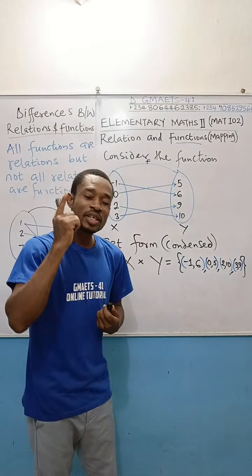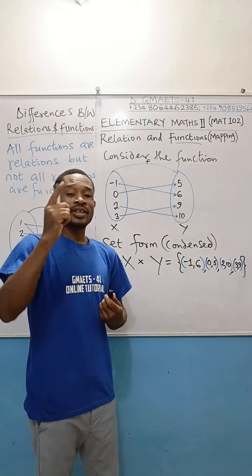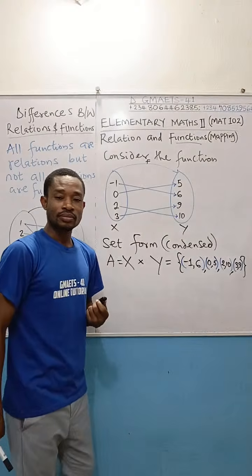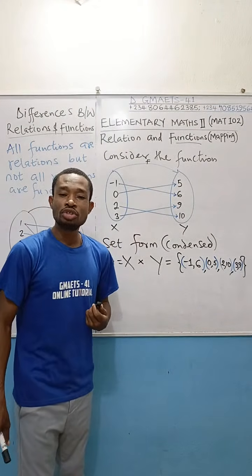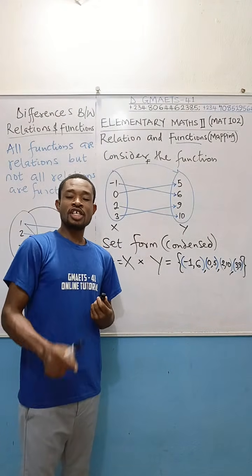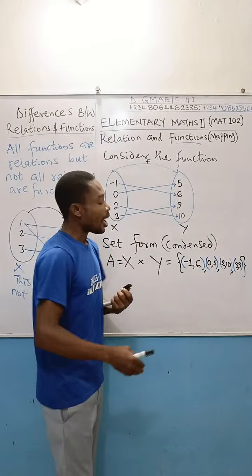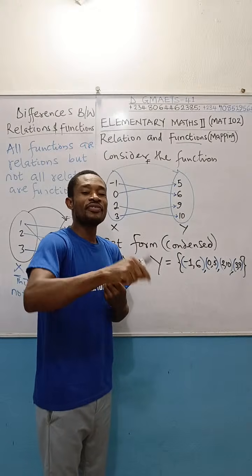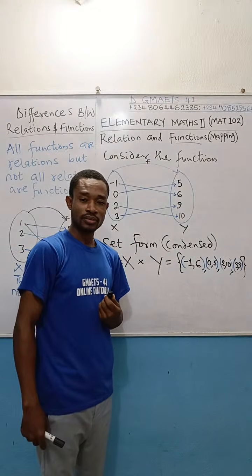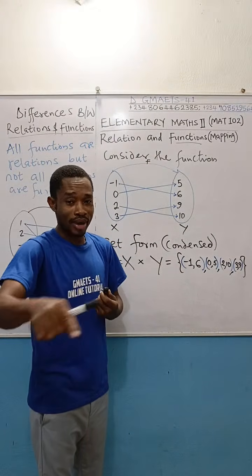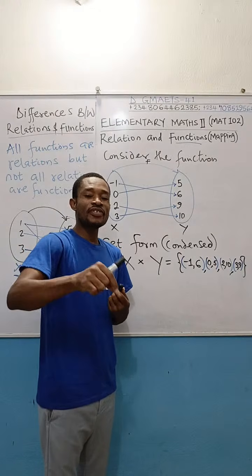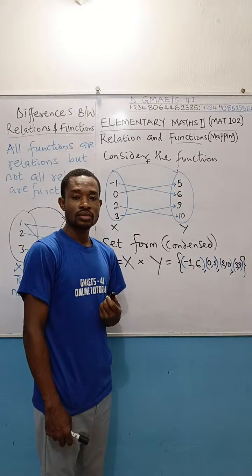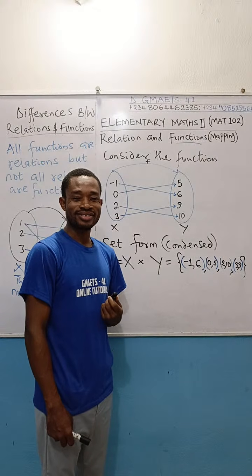However, if there is any place that a particular element of the domain was repeated, what you will do is check that place where the element of the domain was repeated. Does it have different codomain? If it has different codomain, then that is not a function.